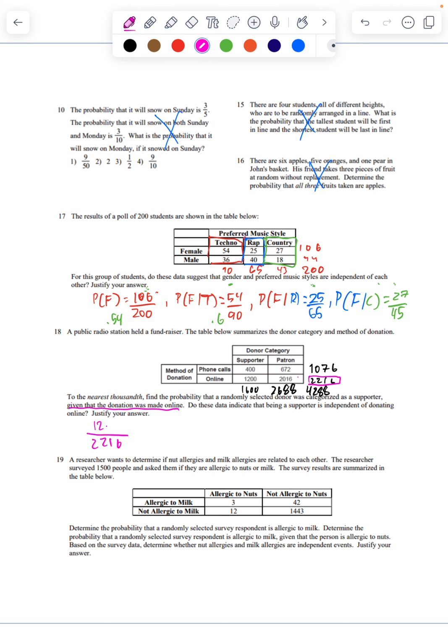So this would be 1200 over the total amount of online donations. We're looking at online donations. Out of all the online donations, we're looking at how many of them were classified as supporters in their donor category. And that's going to give us 0.373.